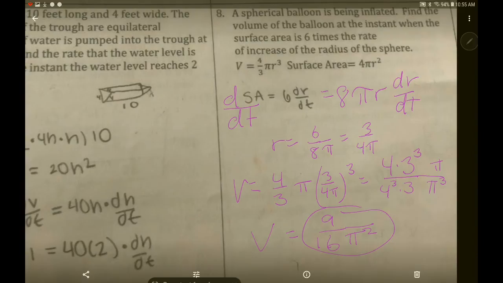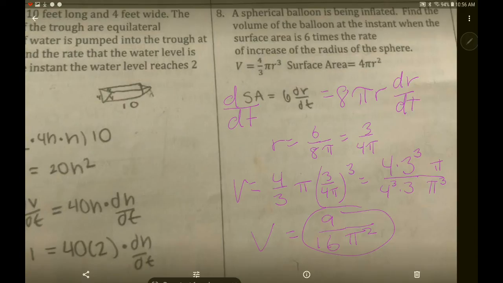You have to add in the words when the rate of change of surface area is 6 times the rate of increase of the radius of the sphere. Then you have two rates that are related to each other, and we can make sense out of that. As I've stated, it not only doesn't make sense, but it doesn't agree with similar problems that I found on the internet, which all refer to the rate of change of surface area. Okay, so I hope that makes some sense.